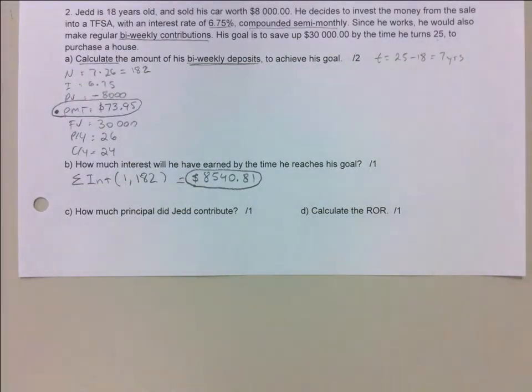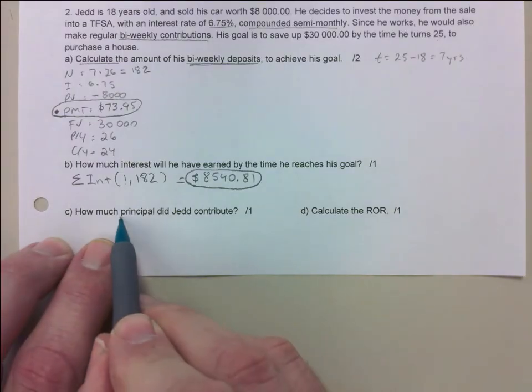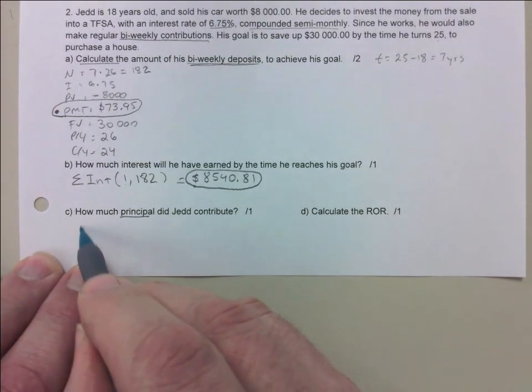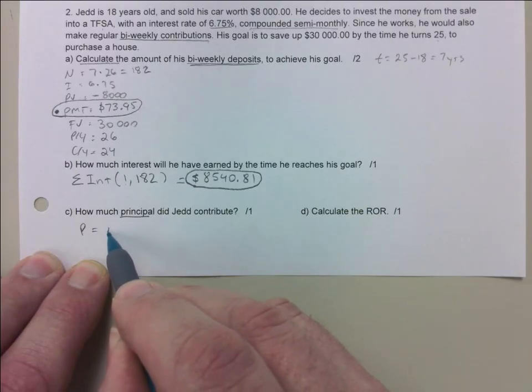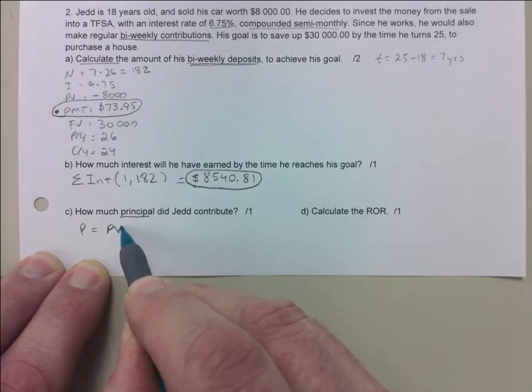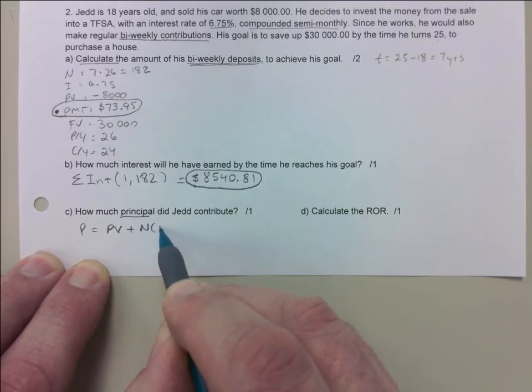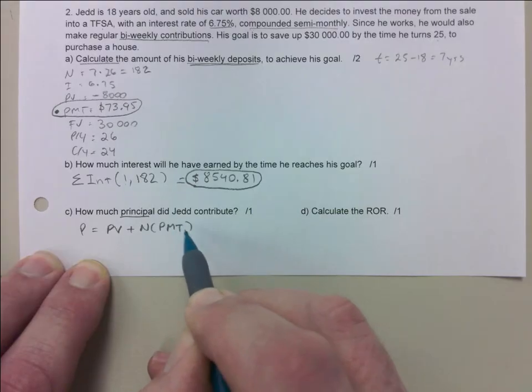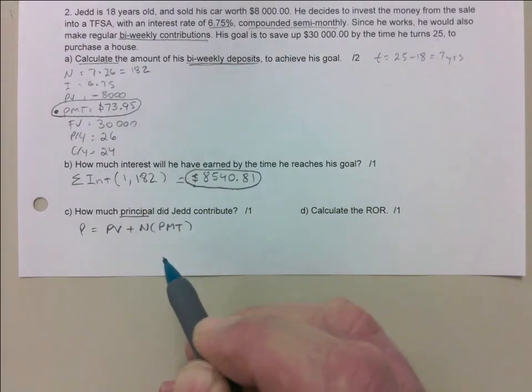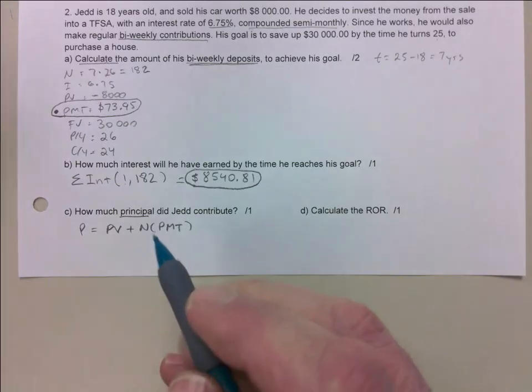How much did Jed contribute? How much is, what do we call principal? Principal is N, sorry, I think I gave you this, right? PV plus N times PMT, is that what I gave you? Or did I flip it the other way? It doesn't really matter. It's just these two added up.